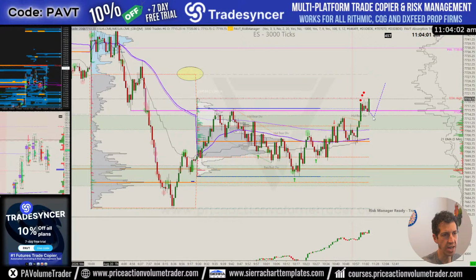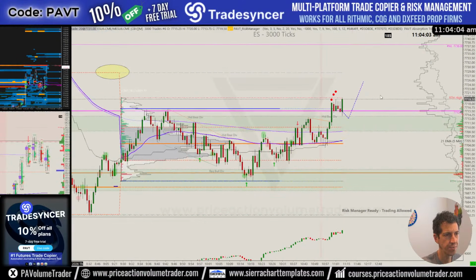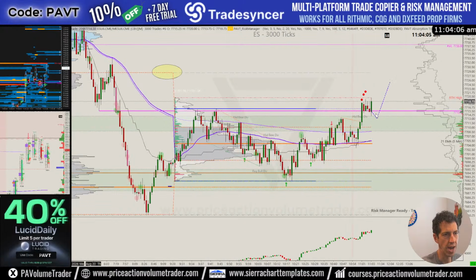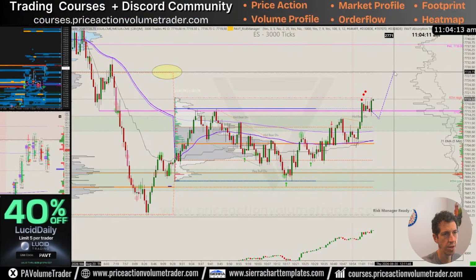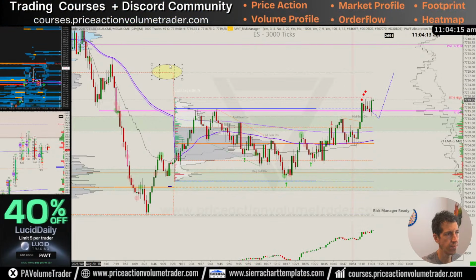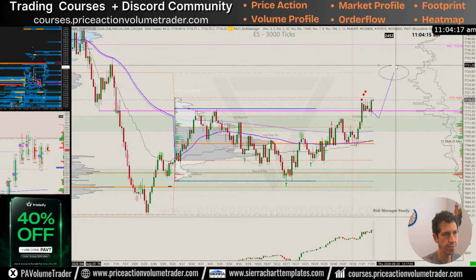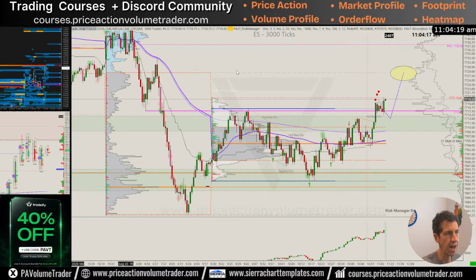Look right there, guys. Retest right into that low volume node area. Now let's see if we can get the follow through and come up here into the value area high from the overnight.